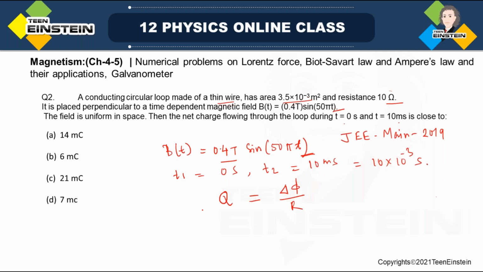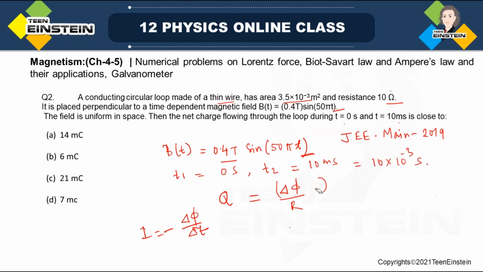So this is the point here. I mean to say d phi by delta t. So I is equal to delta phi by delta t by R. So q means I into delta t, that means delta phi by R. You have to find out the change.